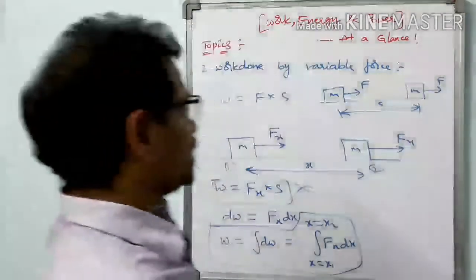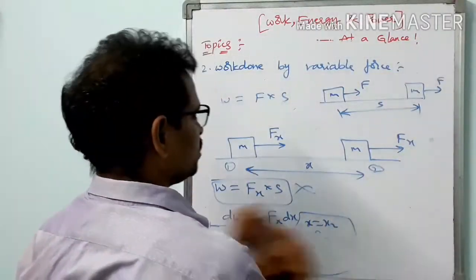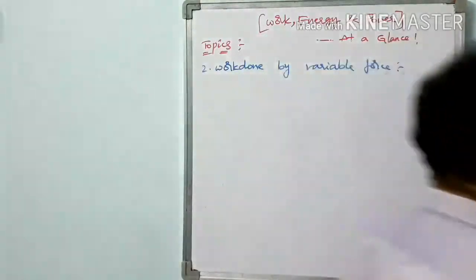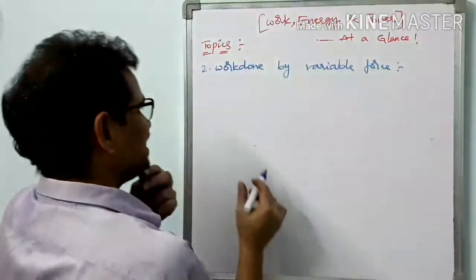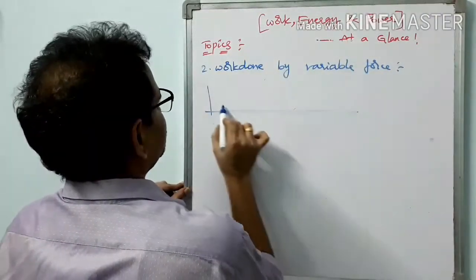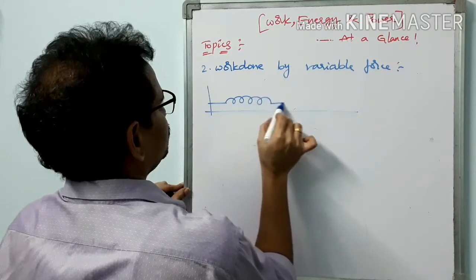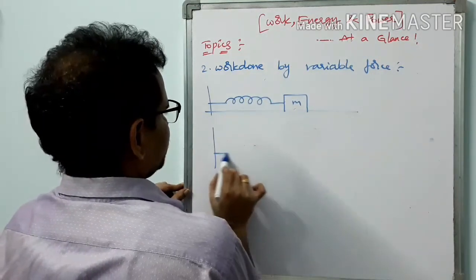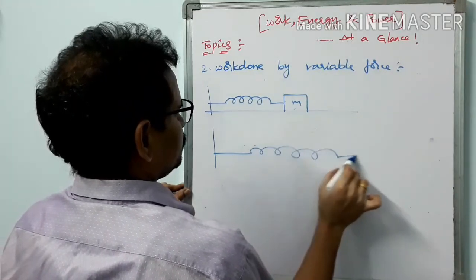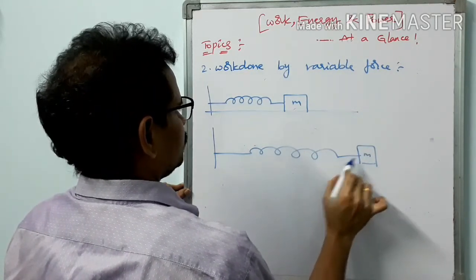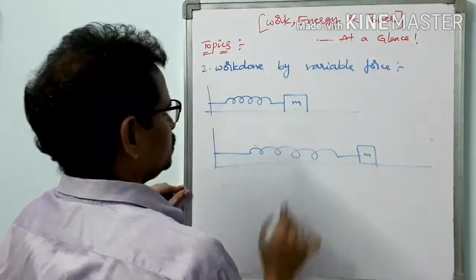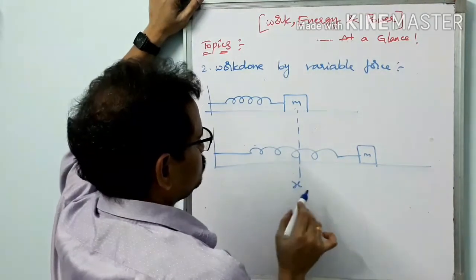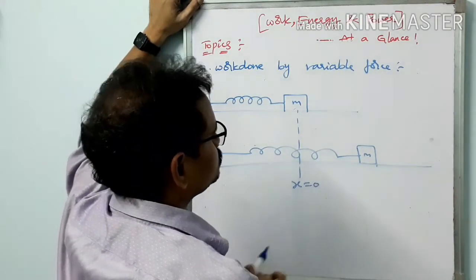So for example, let us take the example of spring force. Work done by spring force. What type of force does a spring exert on bodies here? So let it be the natural length of the spring, here x equal to 0.